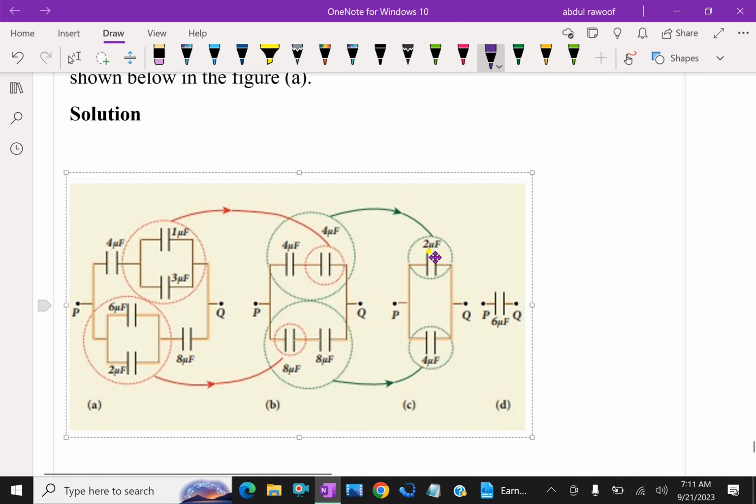Now this 2 microfarad and 4 microfarad are in parallel between the connection P and Q. Therefore add them up, 2 plus 4 is 6 microfarad. The effective capacitance is 6 microfarad in this combination.